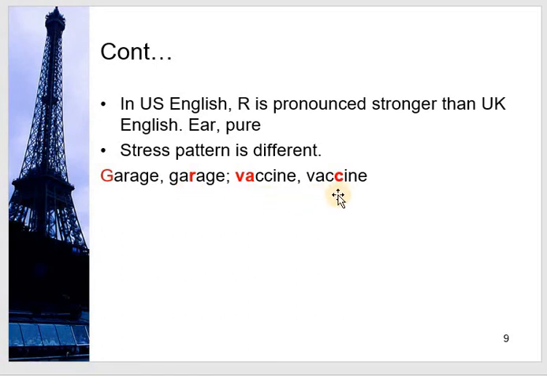Vaccine, so their stress is on the middle syllable. So stress pattern is different between British English and American English. British English usually gives stress to the first syllable in nouns, while Americans give stress to the second syllable in nouns.